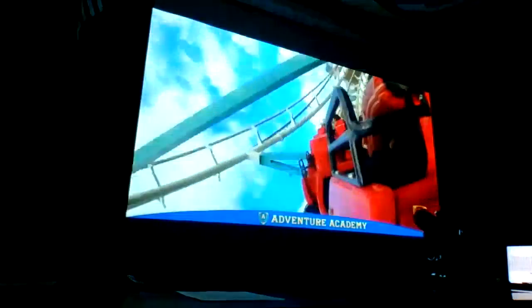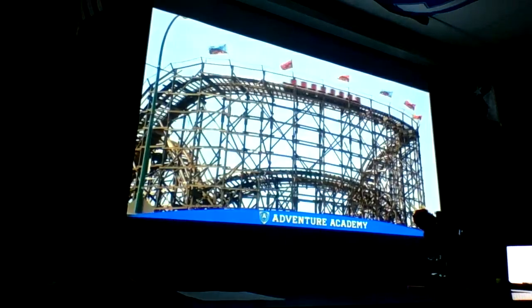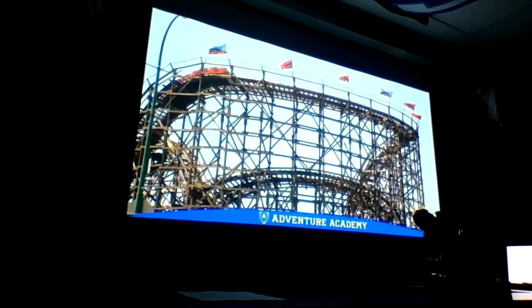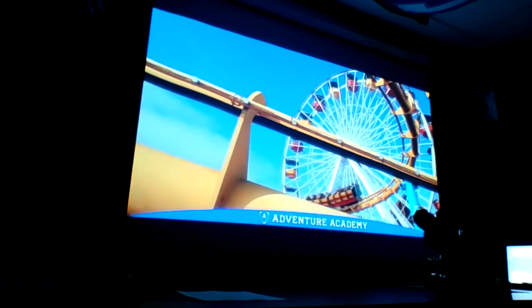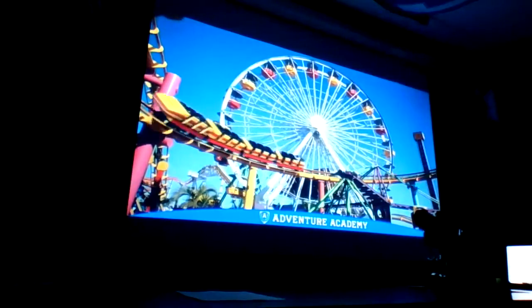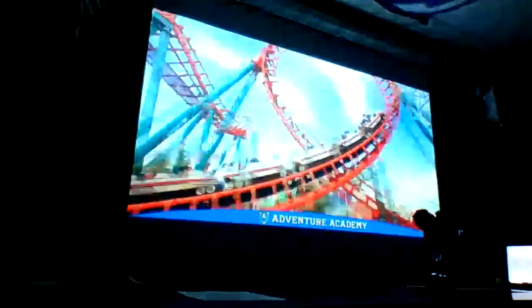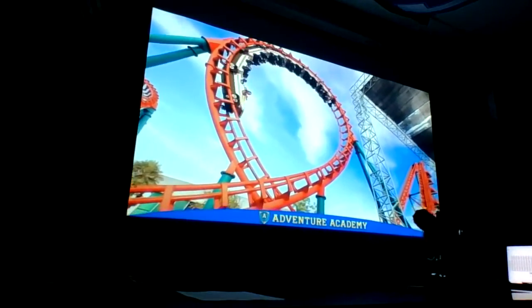With their high speeds and bright colors, you may find it hard to believe that roller coasters have been around for more than 200 years. But since their beginning, the basic science behind roller coasters has remained the same. It's the science of forces, energy, and motion, called physics. Like any other amusement park ride, roller coasters need energy to work. But it's what happens to that energy that makes roller coasters unique.